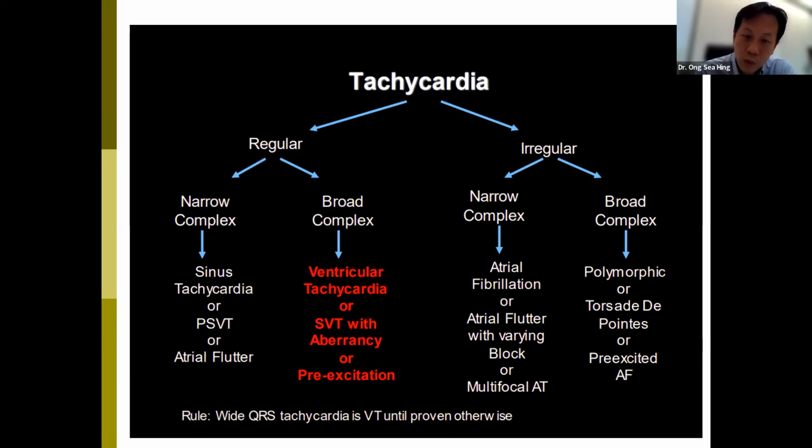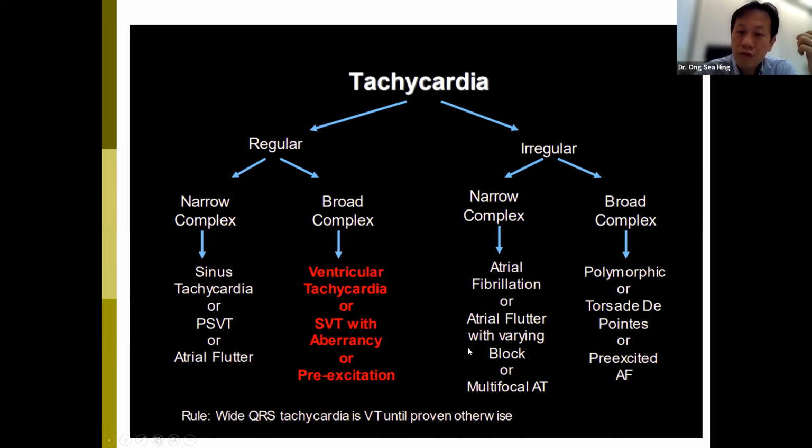So in Wolff-Parkinson-White syndrome, don't be tricked because there is an orthodromic and an antidromic tachycardia. If the electrical activity goes through the AV node and comes back through the accessory pathway, then you will get a narrow complex SVT. If the electricity goes through the accessory pathway and comes back through the atrioventricular pathway, then you will get a broad complex SVT.